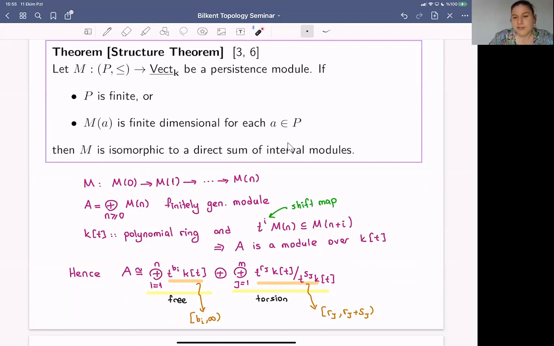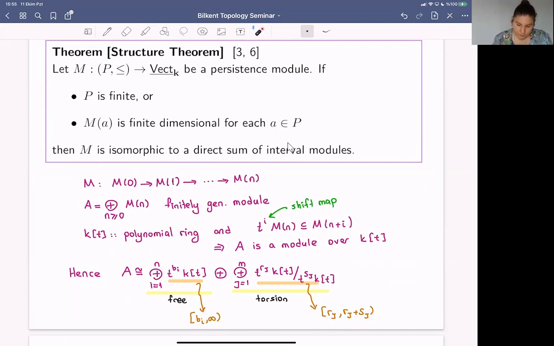A finitely generated module over a PID has a structure theorem. So A is isomorphic to the free part and the torsion part. Each element in the free part corresponds to the interval B sub i to infinity, and each part in the torsion part corresponds to the interval R sub j to R sub j plus S sub j.